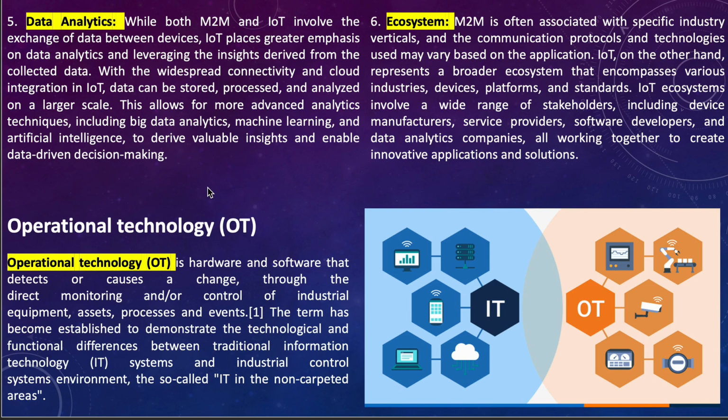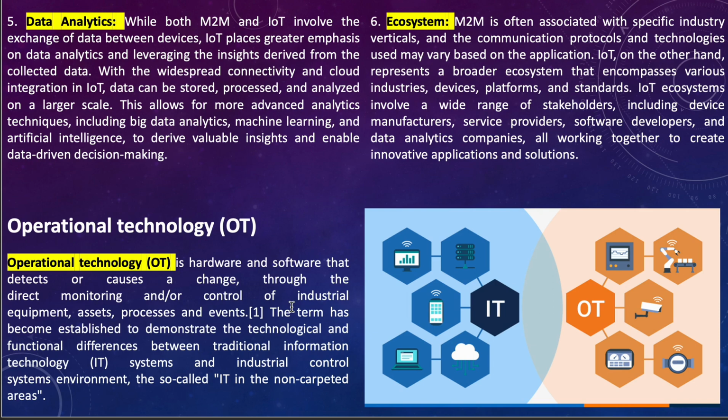When you apply IoT to the manufacturing process, when you apply IoT to your hardware devices, your physical devices, that means you are applying hardware and software that detects and causes changes through direct monitoring and control. So it is the same thing as M2M.